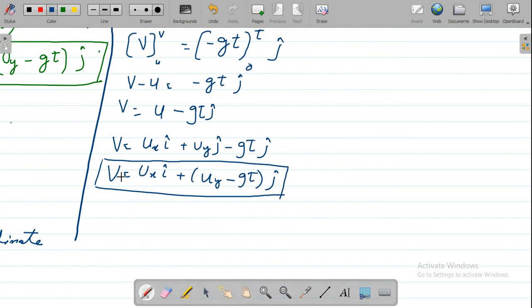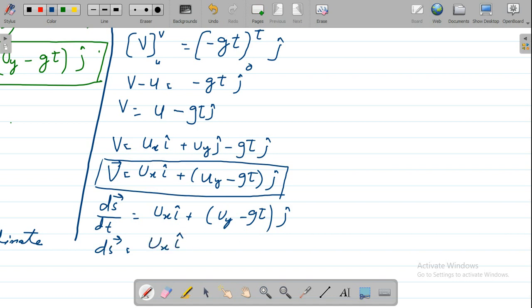So after this we can find displacement, that's ds divided by dt is equal to v is equal to ux i plus uy minus gt j cap. So ds will be, it's a vector, v dt, and we integrate both sides between the limits. At time equal to 0, the body is at the origin.